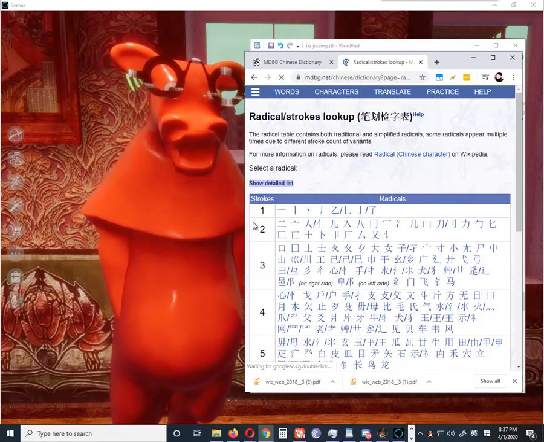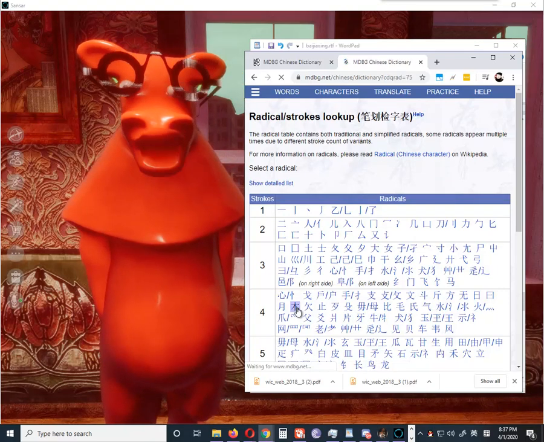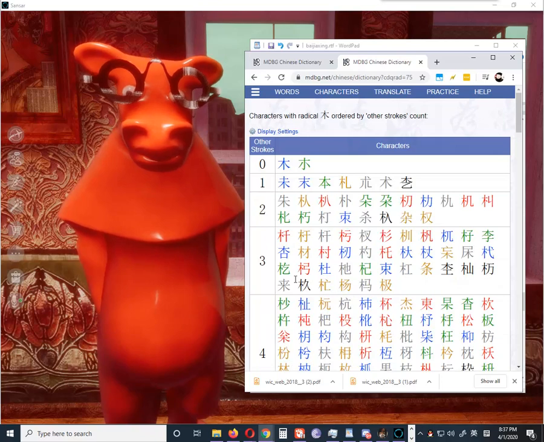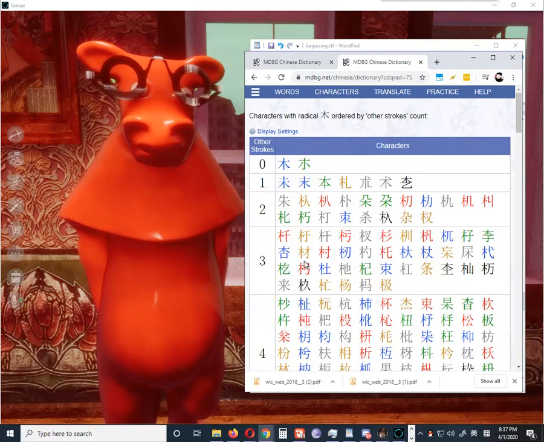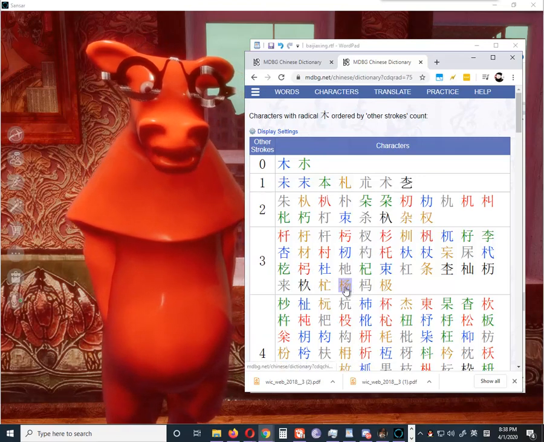But we need the 4-stroke mu right here. Wood. And let's take a look and see if we can find our yang. And it looks, oh yeah, there it is. Yang.